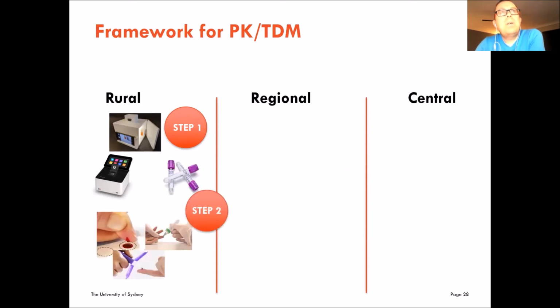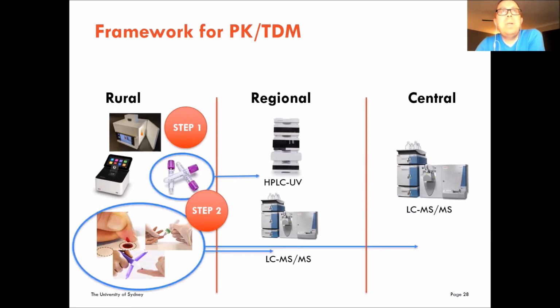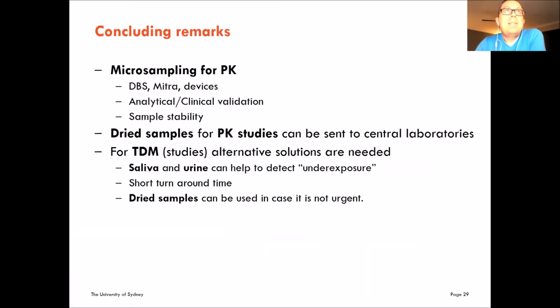We're talking about microsampling if we have the opportunity to send it either to a regional or central facility with appropriate equipment. And when we, of course, talk about interventions with TDM that are less urgent, then of course dried blood spot samples can be used because there is some time.